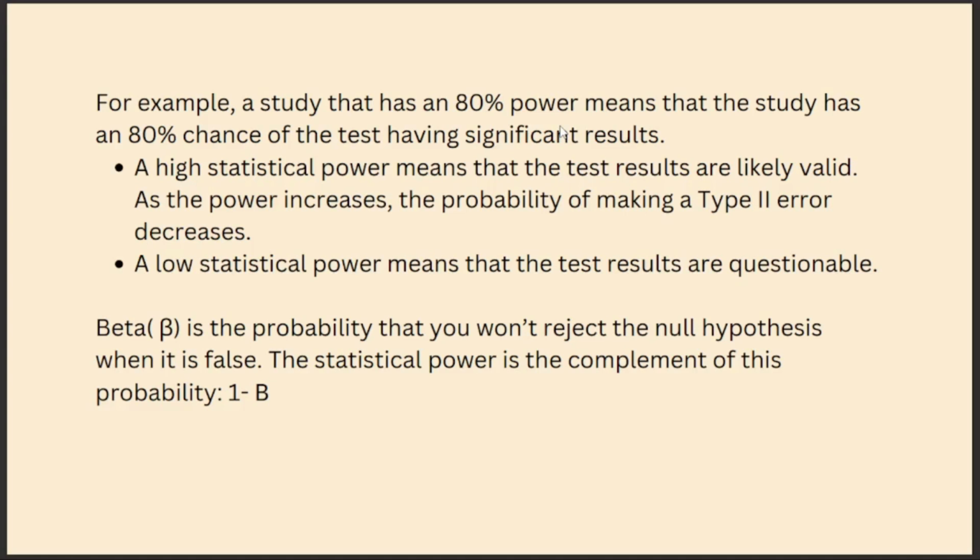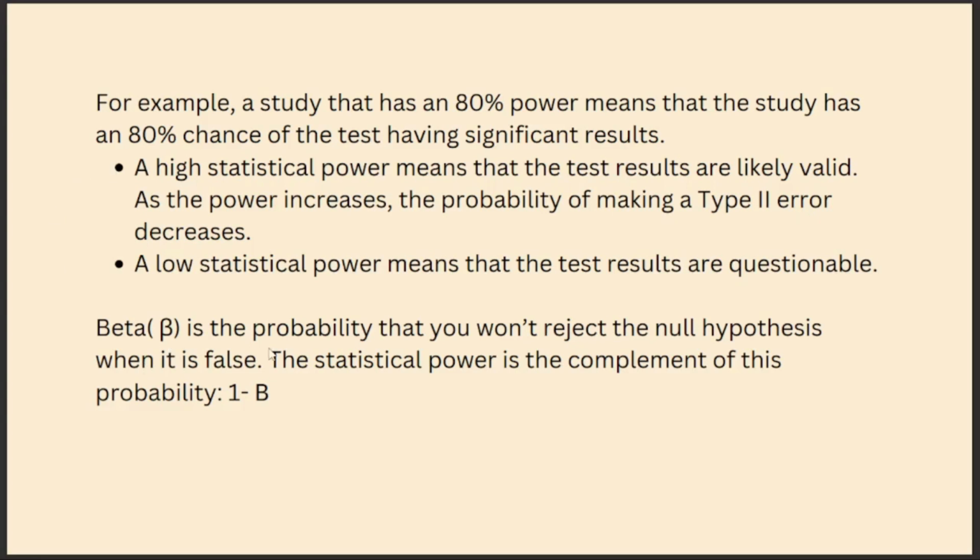Okay, so a high statistical power means that the test results are likely valid, and as the power increases, the probability of making a type 2 error decreases. So the statistical power and the probability of type 2 error are inversely proportional. And if there is low statistical power, that will mean that the test results are not up to the mark or they are questionable.